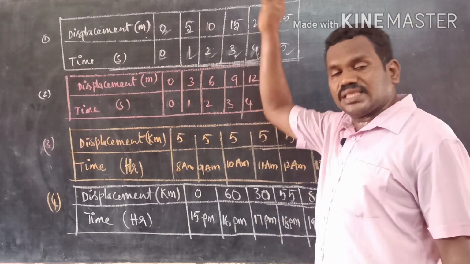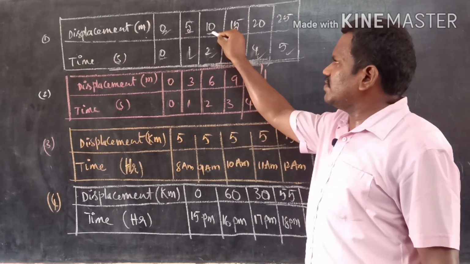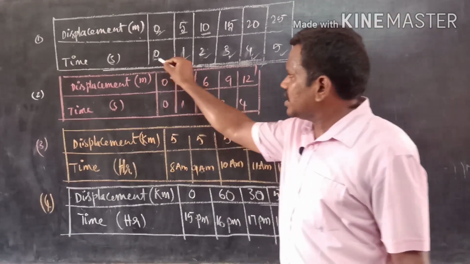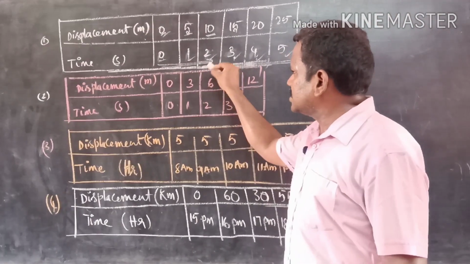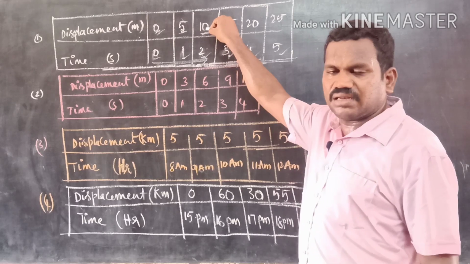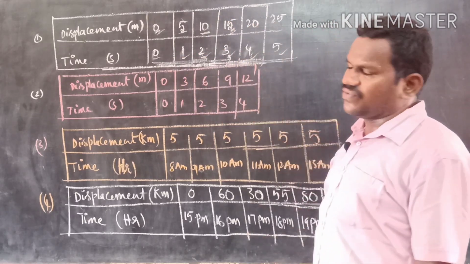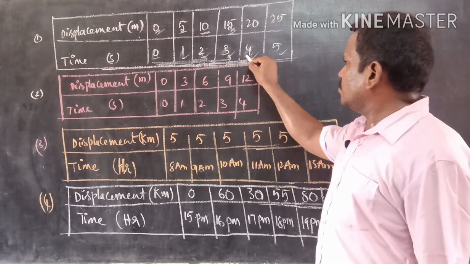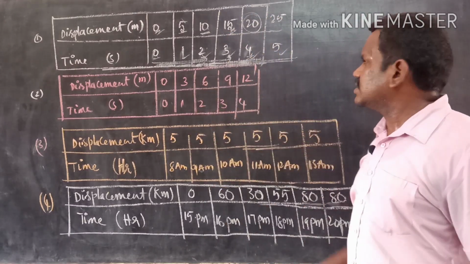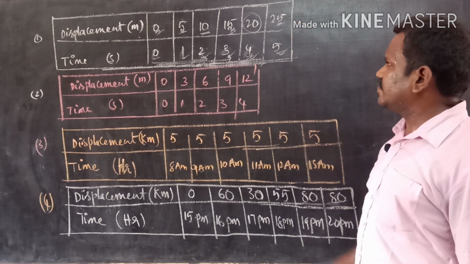In the second second, it has travelled 10 meters. By the third second, 15 meters. By the fourth second, 20 meters. By the fifth second, 25 meters.